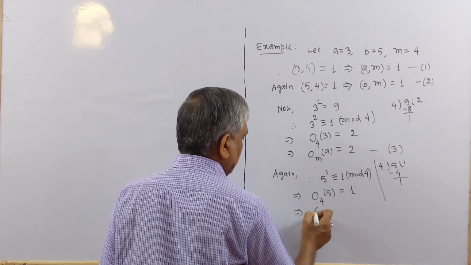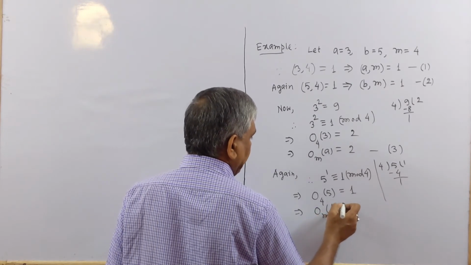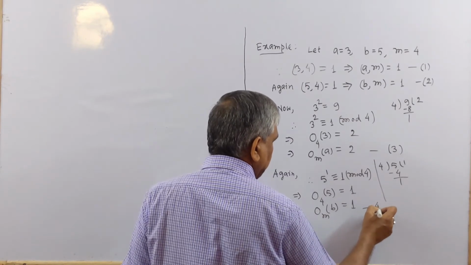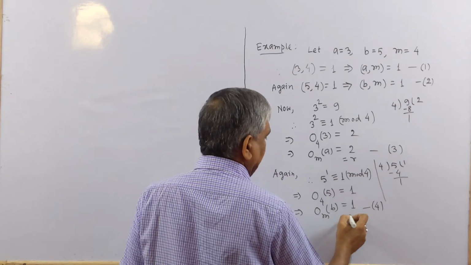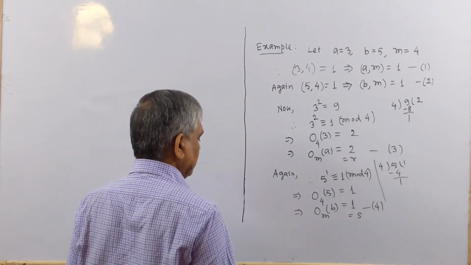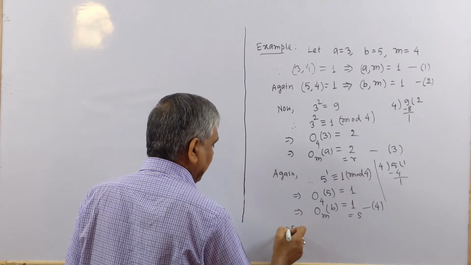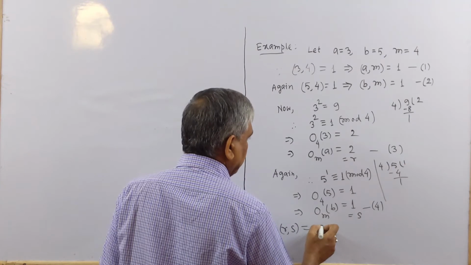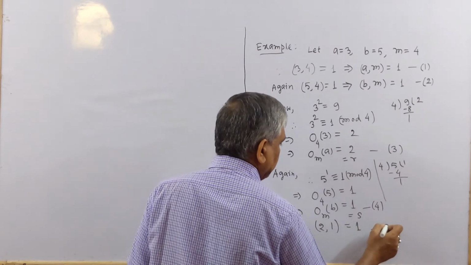Implies that order of b modulo m equal to 1. This is number 4. Let this be r and this be s. GCD of r and s equal to GCD of 2 and 1 equal to 1. This is number 5.